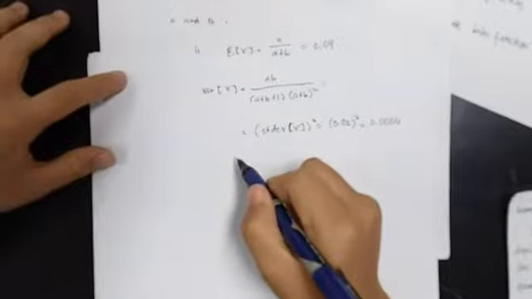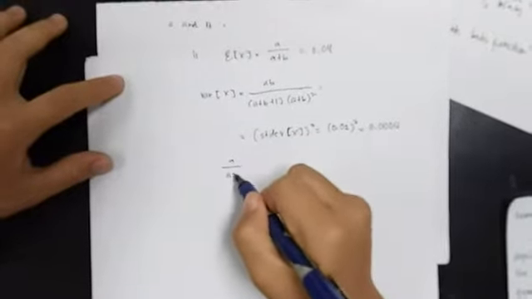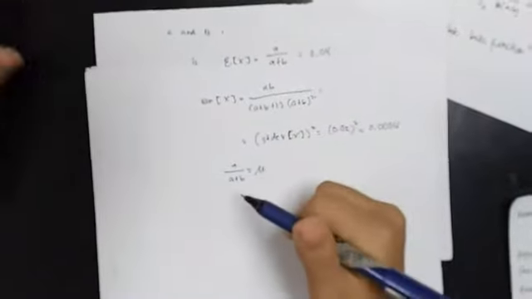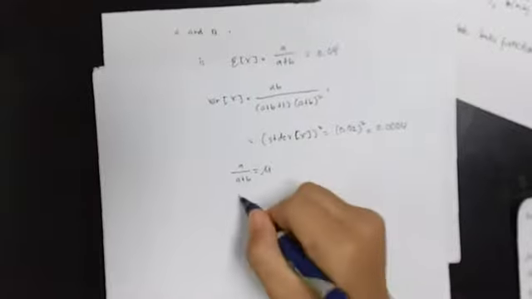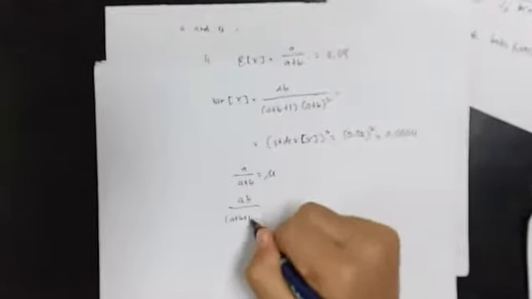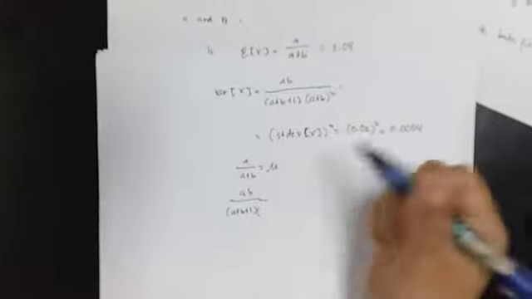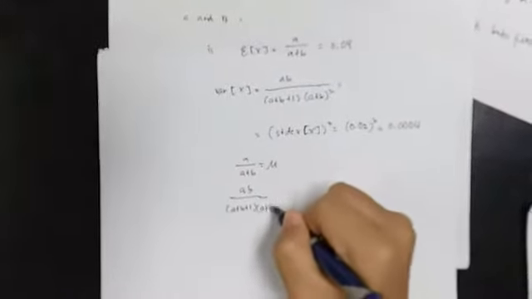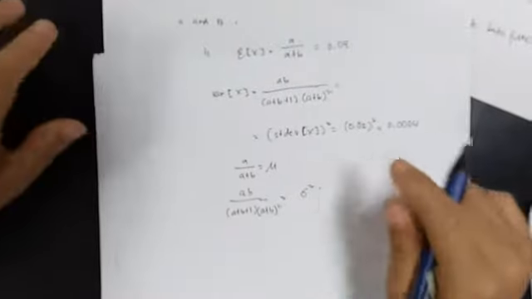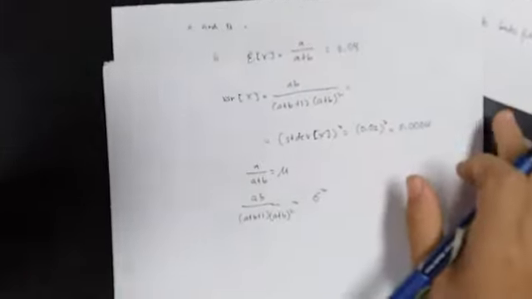We have A over A plus B, or simply your expected value, equal to mu, and our variance, which is expressed as AB over (A plus B plus 1) times the quantity (A plus B) squared, equal to sigma squared, where for notational convenience we set this.